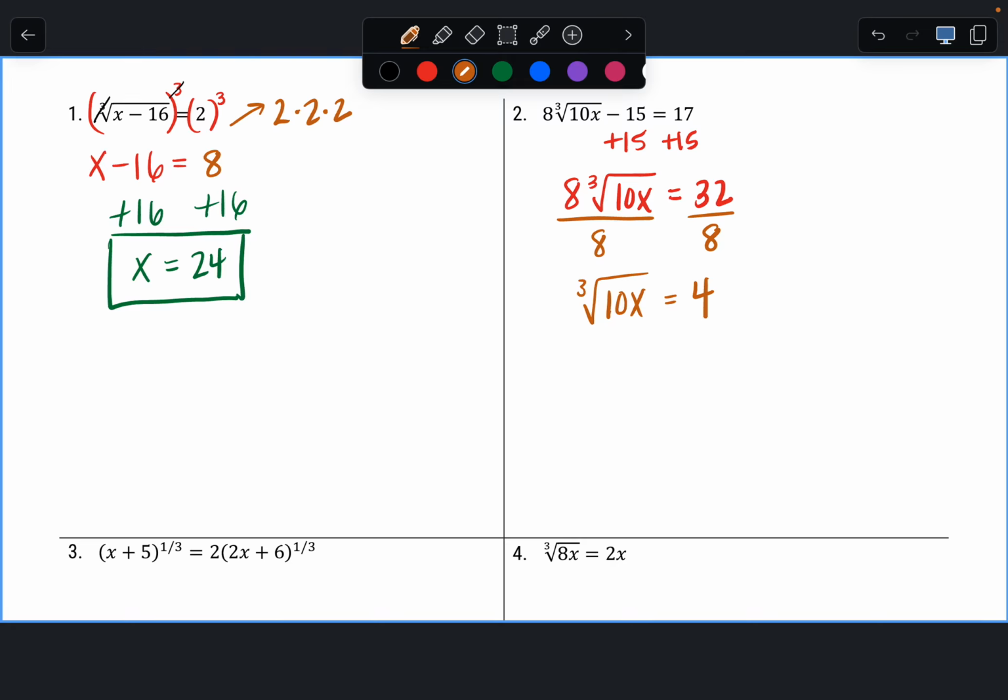I'm going to double distribute. When I double distribute, I really don't do anything special. I just take first to first, outside to outside, inside to inside, last to last. As long as every combination is multiplied together, we're good.